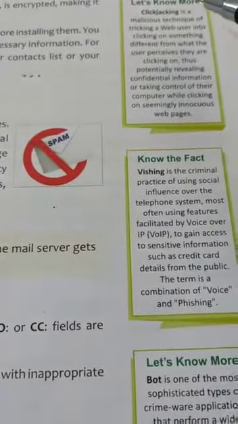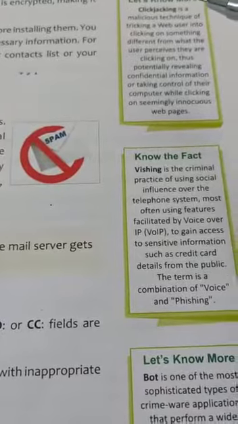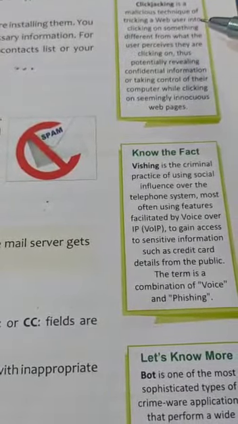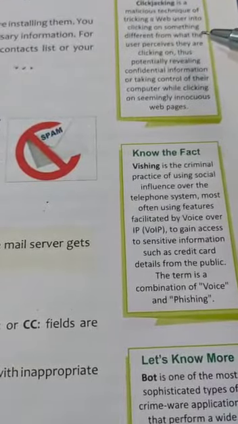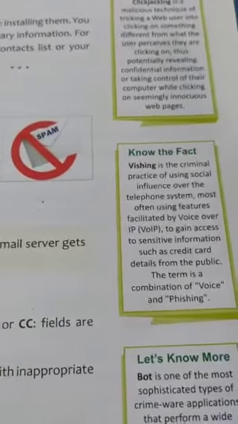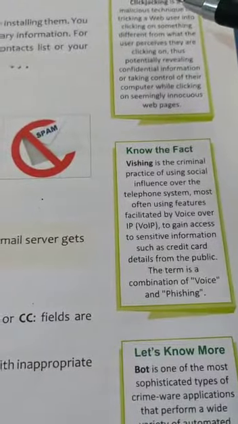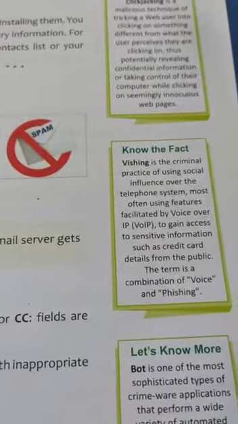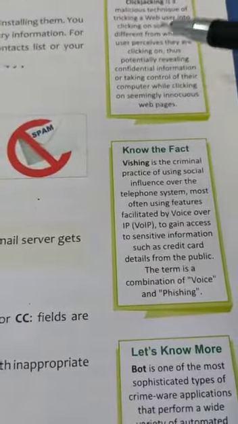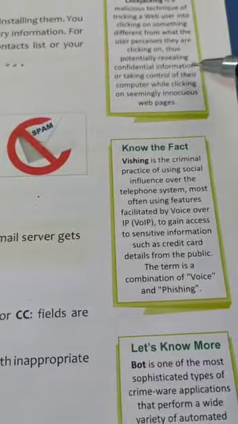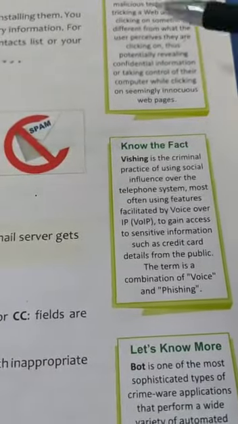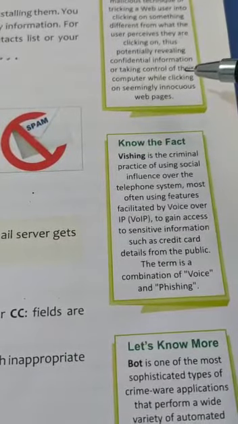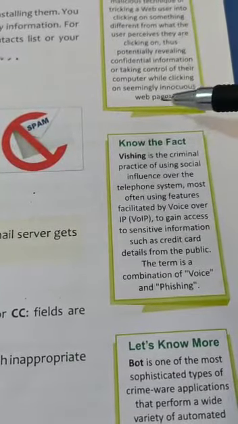Let's know more. Clickjacking is a malicious technique of tricking a web user into clicking on something different from what the user perceives they are clicking on. So it is a malicious technique in which a web user is tricked into clicking on something different from what they think they are clicking on, thus potentially revealing confidential information or taking control of their computer while clicking on seemingly innocuous web pages.